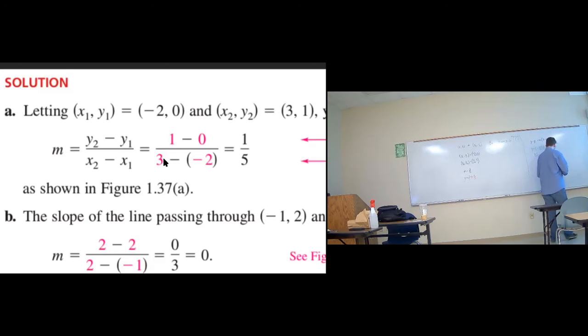So we're going to have y is equal to 1/5 times x minus 3, plus 1. We're just adding 1 to both sides, right? Now we're going to distribute this 1/5 all the way through. y is equal to 1/5 x minus 3/5 plus 1.